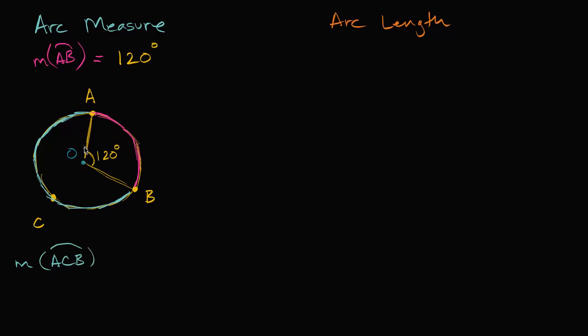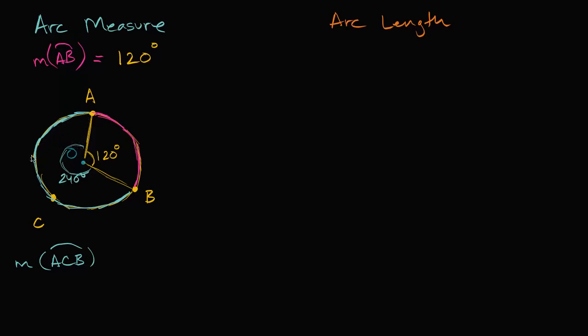Well, to go all the way around the circle is 360 degrees. So this is going to be 360 minus the 120 that we're not including. So 360 degrees minus 120 is going to be 240 degrees.